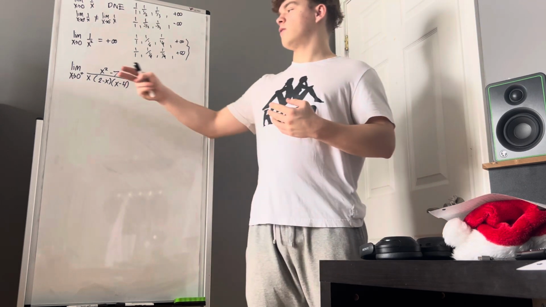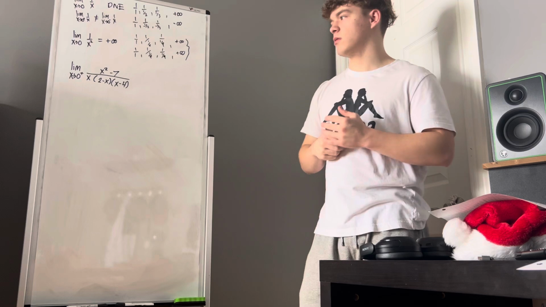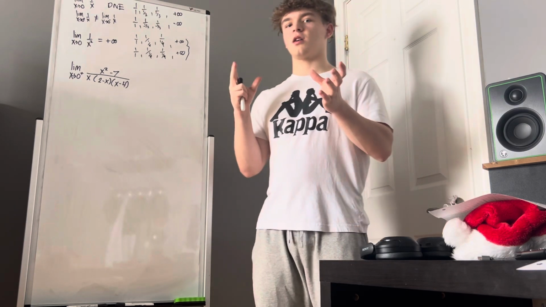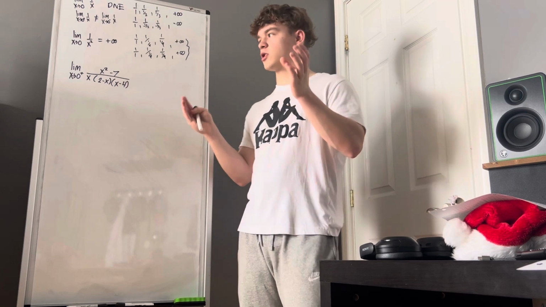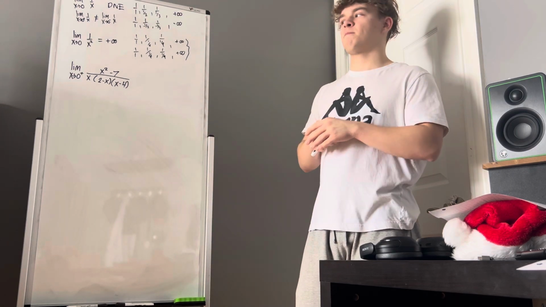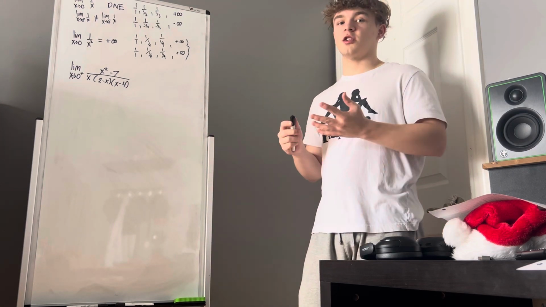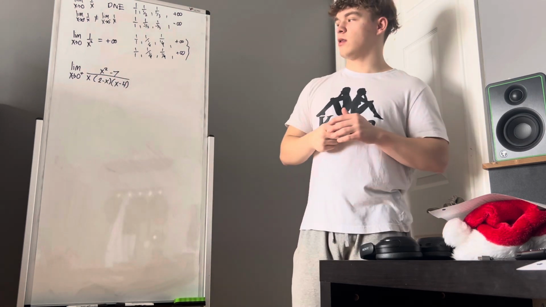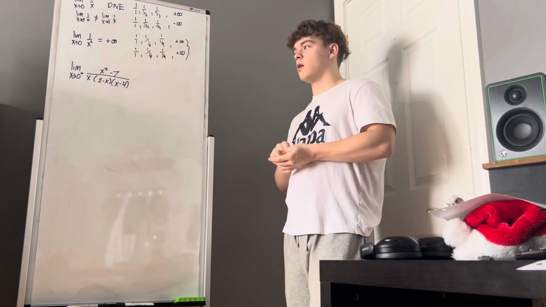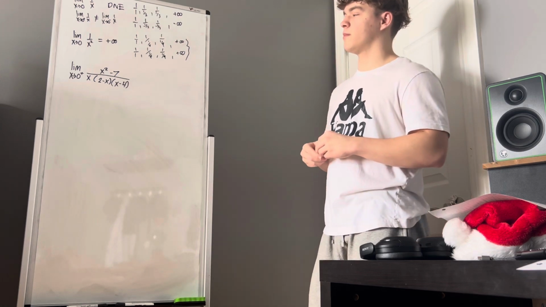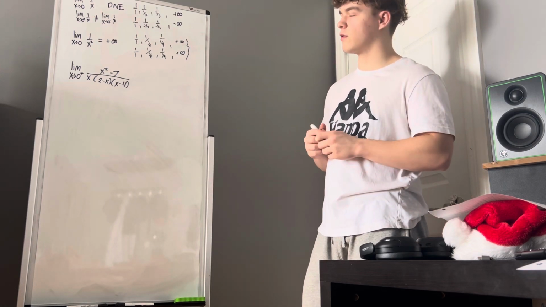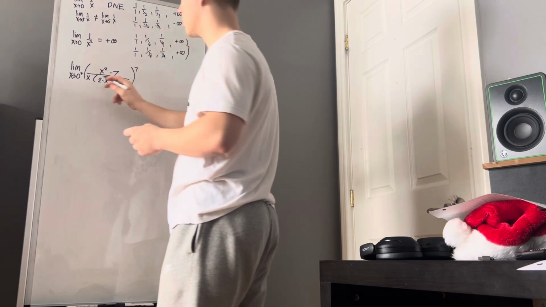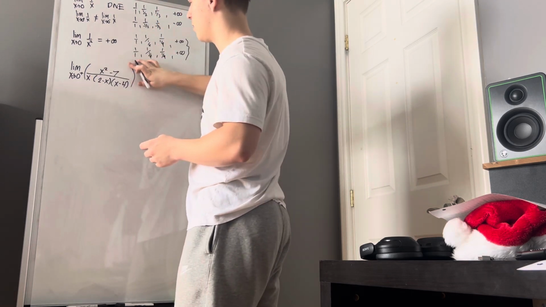If you have the limit as x approaches 0, or anything for that matter, of a function times another function, you can just split the limit across. And same with addition. So I could split this up into two different limits if I wanted to. We can also do it if, say, this was all squared. We could just take the limit of the inside and then square it. It would be the same thing.